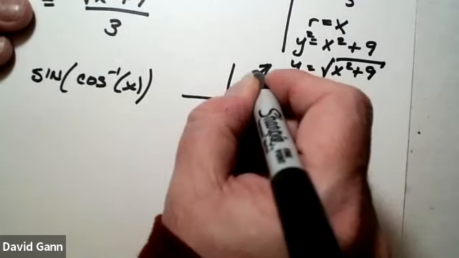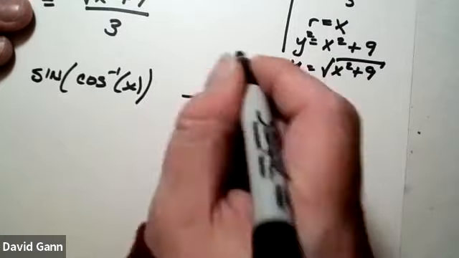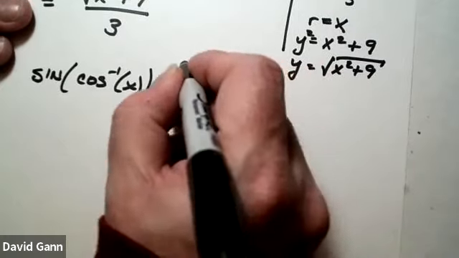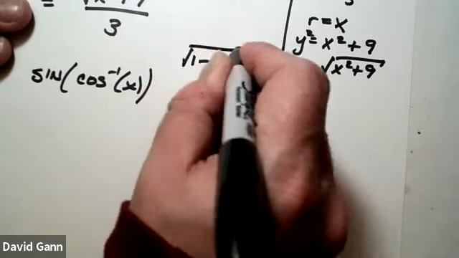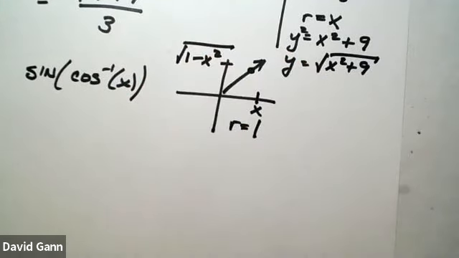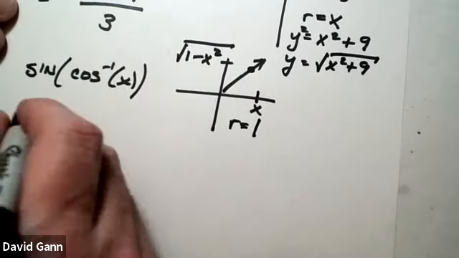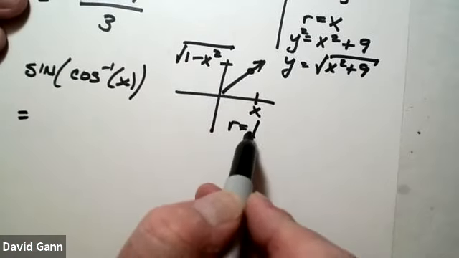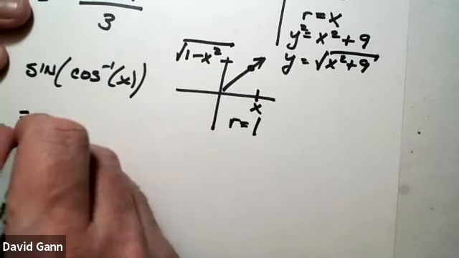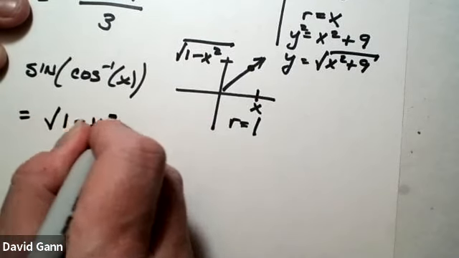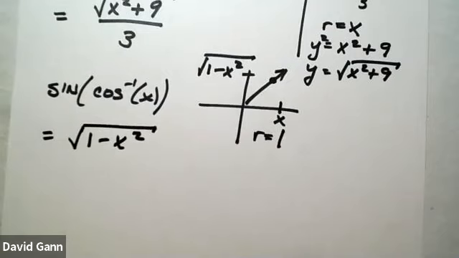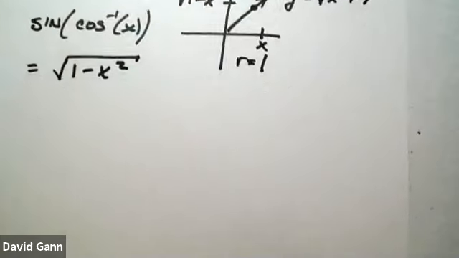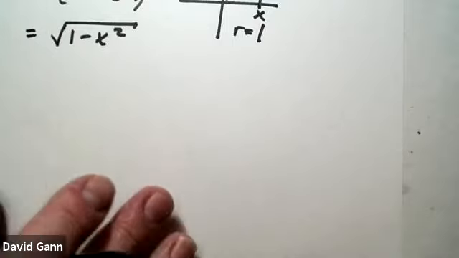But then that makes the y value up here the square root of 1 minus x squared, right? And so the sine of this angle is y over r, which happens to just be the square root of 1 minus x squared. Kind of tricky, huh?